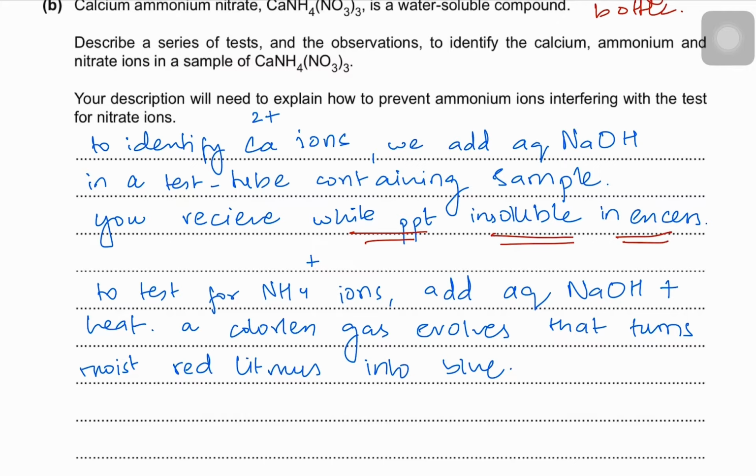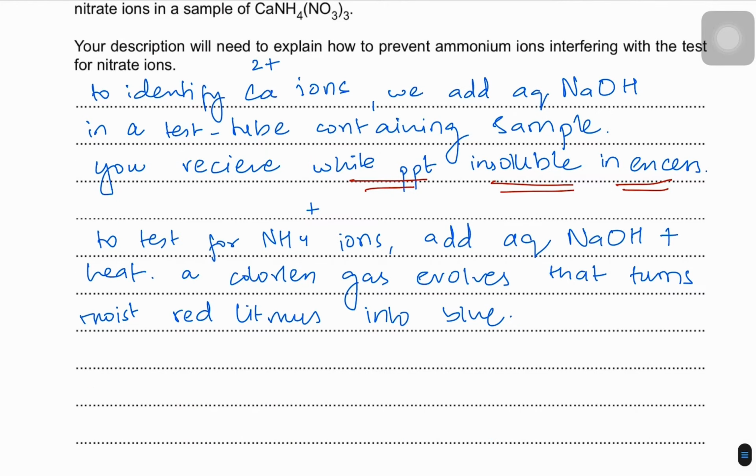Nitrate is not tested here because nitrate gives this positive result only with aluminium foil. So nitrate hasn't been tested yet. In order to confirm nitrate, we perform a similar test but with aluminium foil also.